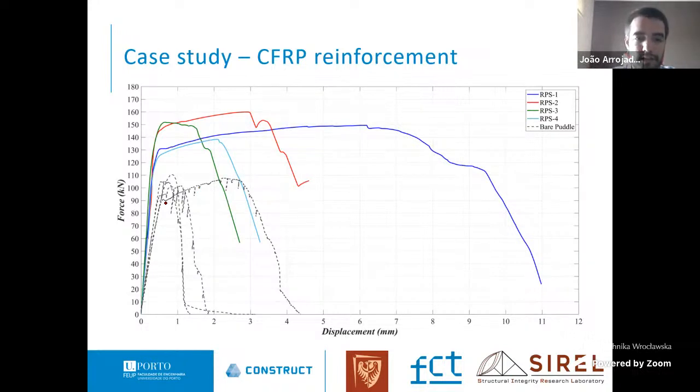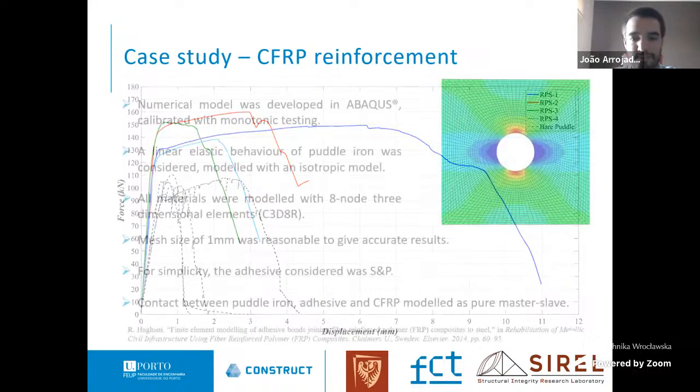So we can see that with the CFRP reinforcement, we can have a very good increase in the strength and resistance. And also, if we use the ductile adhesives, we can improve a lot the ductility capabilities of this solution.